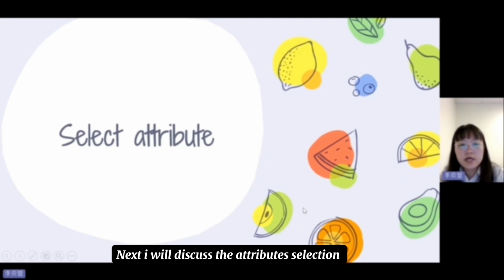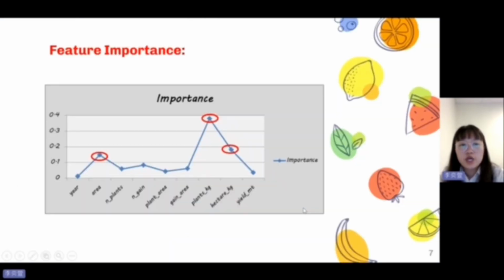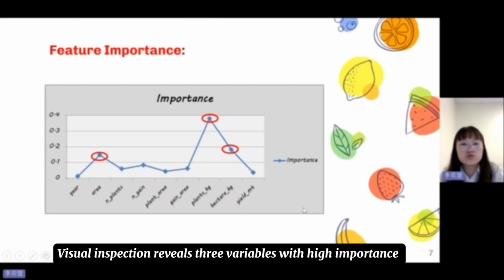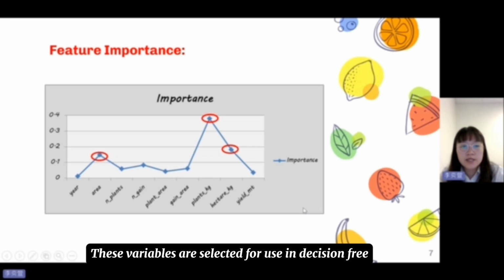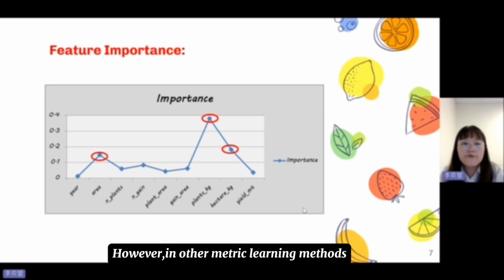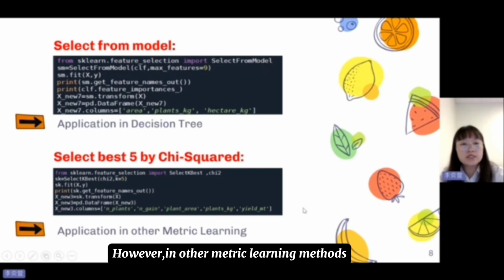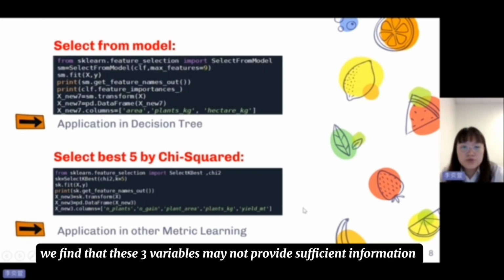Next, I will discuss attribute selection. Visual inspection reveals 3 variables with high importance: area, average yield per tree in kilograms, and average yield per hectare in kilograms. These variables are selected for use in a decision tree. However, in other machine learning methods, we find that these 3 variables may not provide sufficient information.